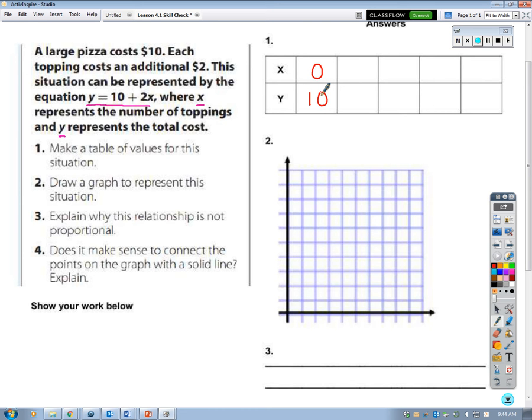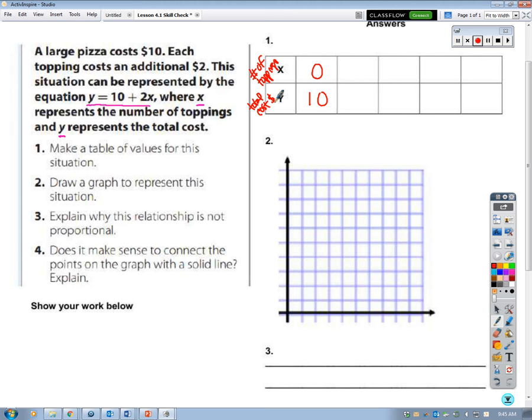Some of you made an error here because you didn't set your table up correctly, but it gave us the values: x is the number of toppings and y is the total cost. It gave us that information in the equation. So if you made an error on your table, even if you did the rest of it correctly, it wouldn't be accurate. Does that make sense?